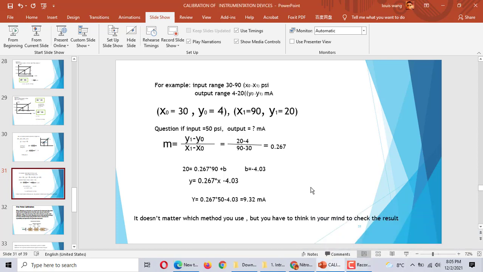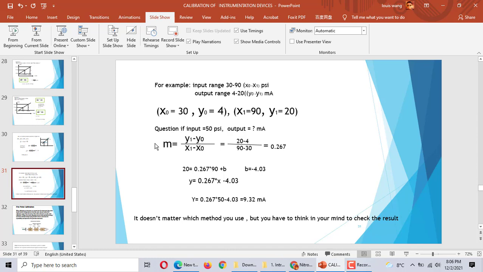For example, if the input range is 30 to 90 psi and the output range is 4 to 20 mA, then 30 is x0, 90 is x1, 4 is y0, 20 is y1.